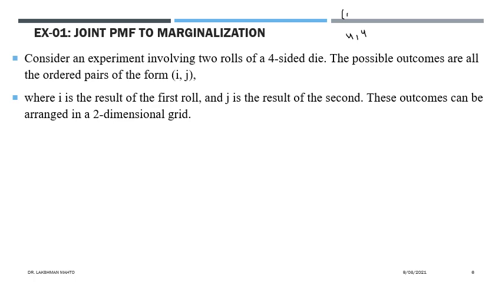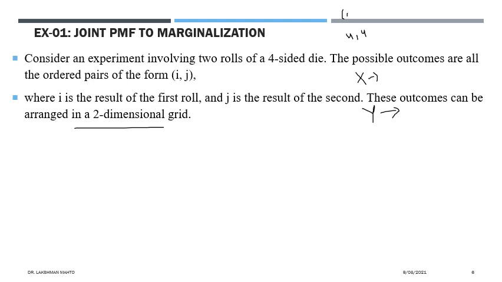So these outcomes can be arranged in a two-dimensional grid because we are rolling two times. The outcome of the first roll defines a random variable X, and the outcome of the second roll defines another random variable Y, but both are associated with this experiment of rolling a dice twice.